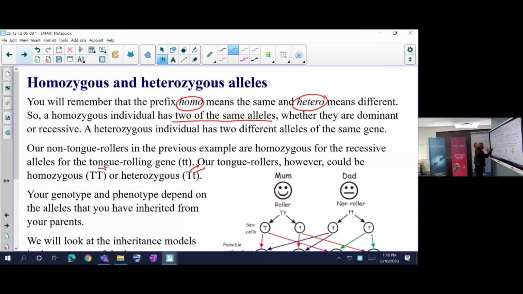If you are carrying two big T's for tongue rolling, you are homozygous. That's what we are talking about.